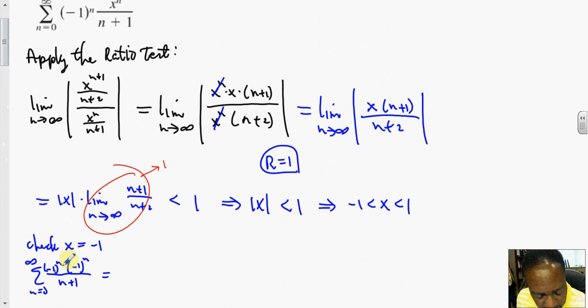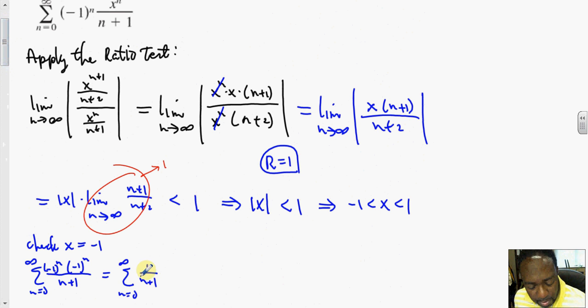Now negative 1 to the n times negative 1 to the n will just give you positive 1. So this is negative 1 to the 2n. And so negative 1 to the second power is positive 1 raised to the nth power. 1 to the nth is just 1. So this is 1 over n plus 1. Does this converge or diverge?